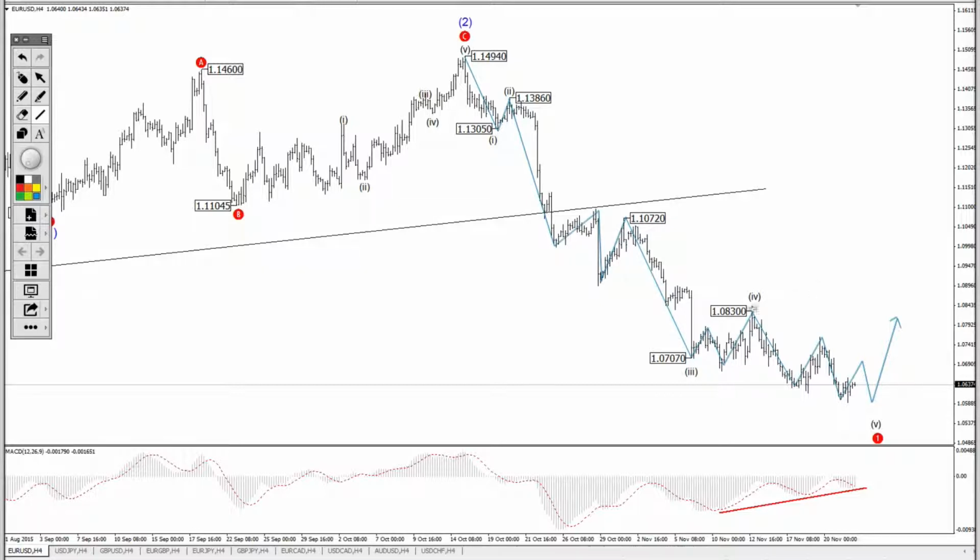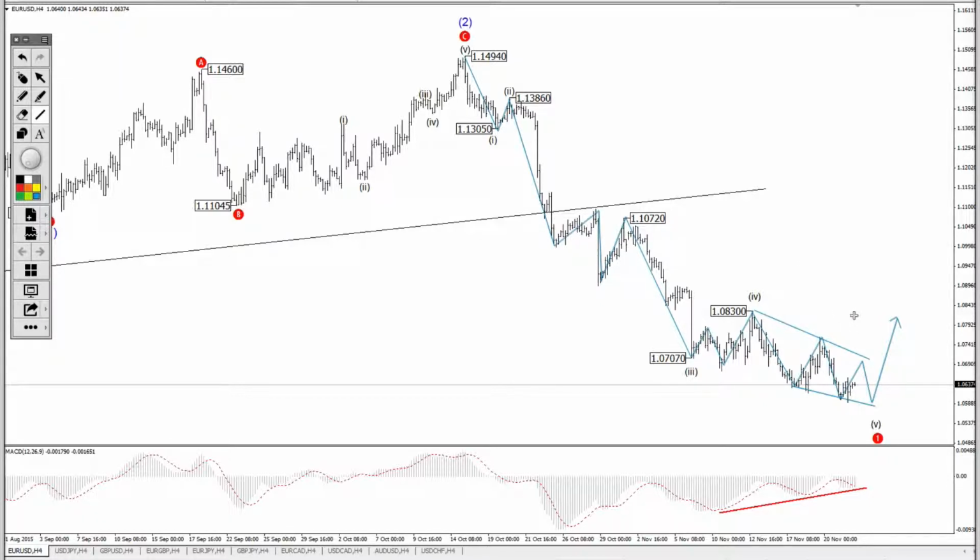So we would ultimately see a wedge-shaped triangle formation in this fifth wave position, and these are ending patterns. An ending diagonal is a very reliable pattern and opens up a very good trading opportunity. You just need to have a little bit of patience to wait until the end. There's no point in trading until this pattern is finished, if this analysis is correct.